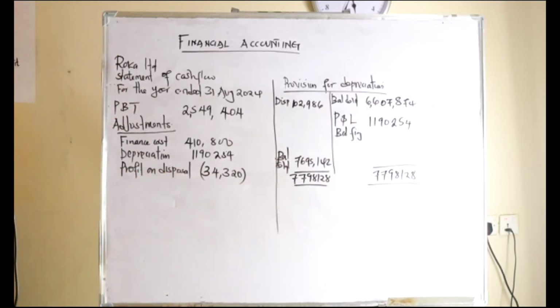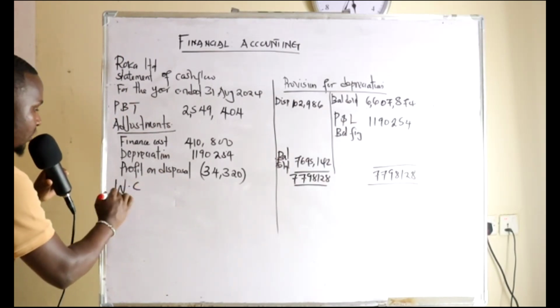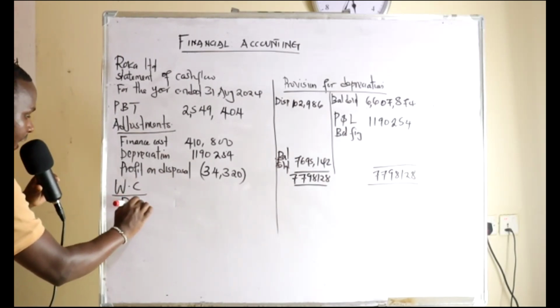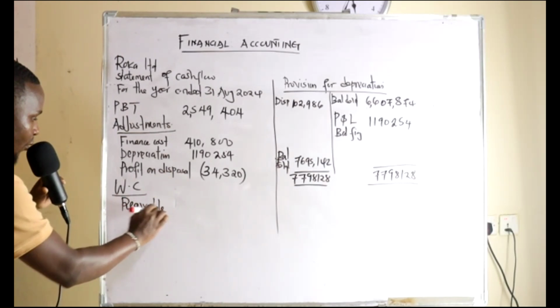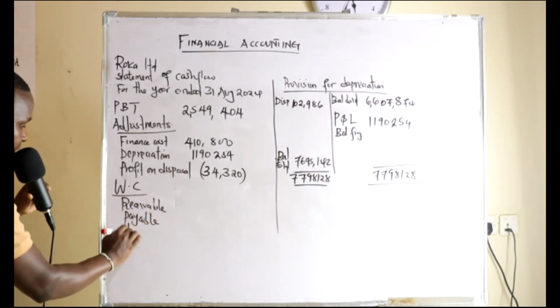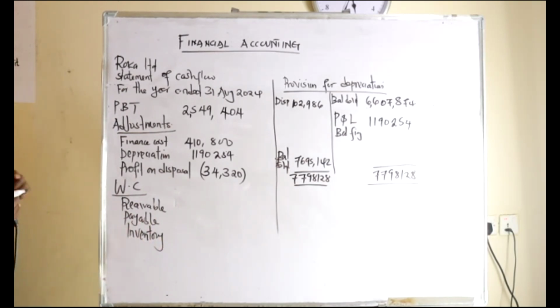So after that, we go straight to the working capital. For working capital, we have receivables, payables, and inventory. So either an increase or decrease of these three, then you will have to do the adjustment.